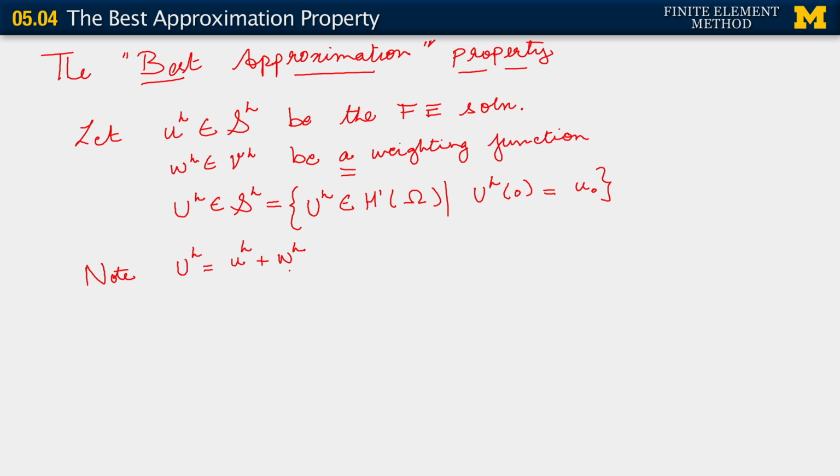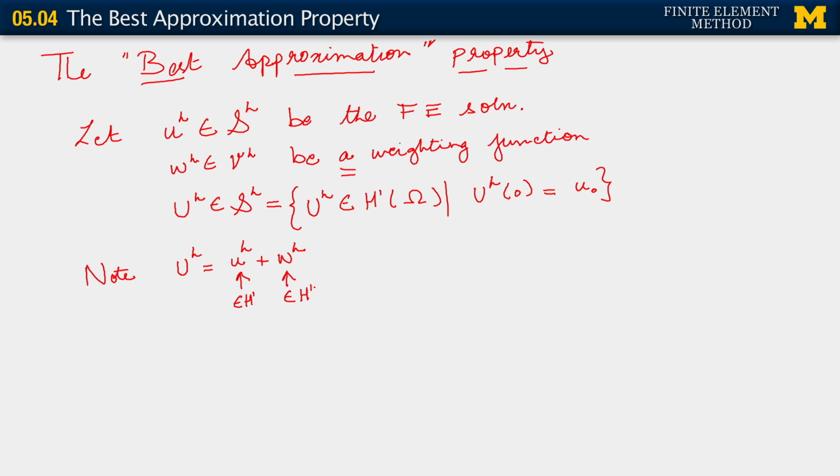Note that, as I made a point above, WH is any weighting function. UH is a very specific member of SH. It is in fact the finite element solution. Also note that UH belongs to H1 and so does WH. Therefore, their sum also belongs to H1. We haven't quite proven it, but you can probably see why that works out. It does indeed work out rigorously.